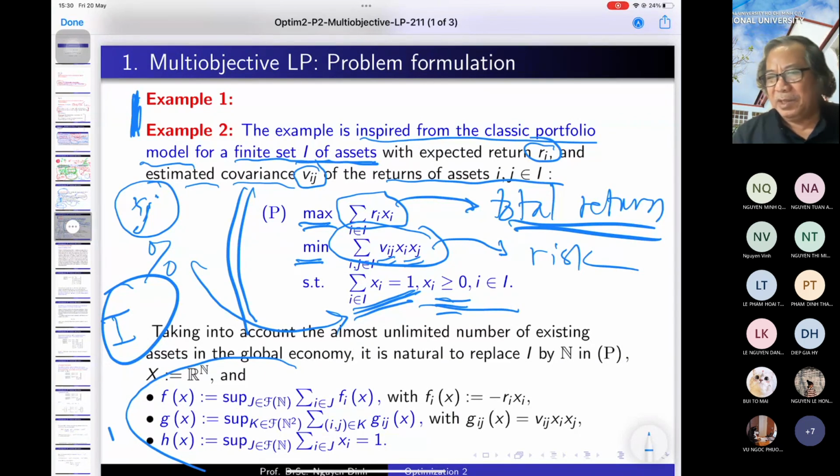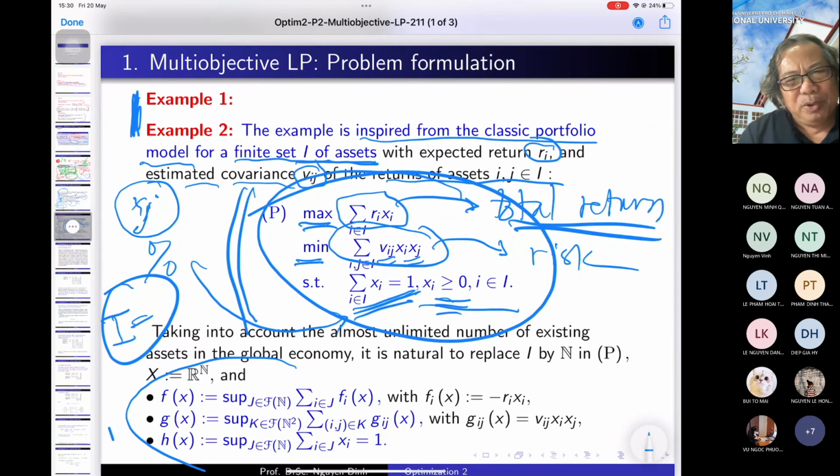But I can be finite, like 1, 2, 3 to 10. So this is a very simple model of multi-objective programming in finance, in portfolio management.